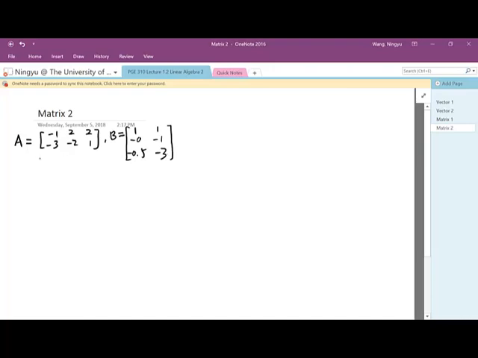So at this time, our A is a 2 by 3 matrix and our B is a 3 by 2 matrix. So if we calculate C equals AB, what is the size of C?